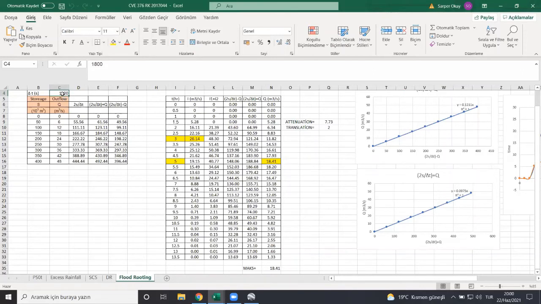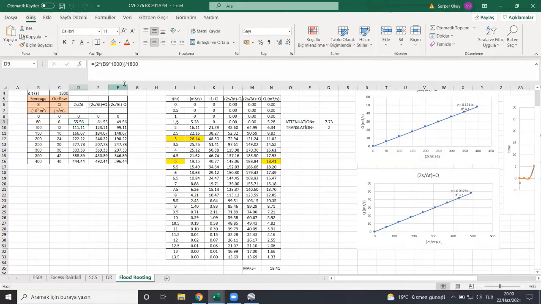It should be 3,600, but since this guy used a half hour increment, it has 1,800 seconds. So basically, this is our S, this is our Δt. For this column, you're multiplying this one with 2 and dividing it by this time.